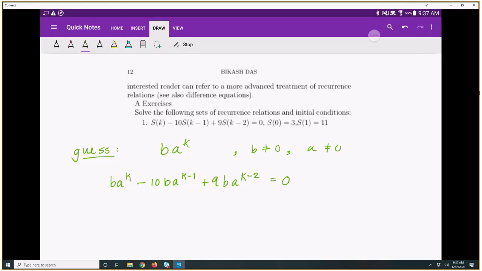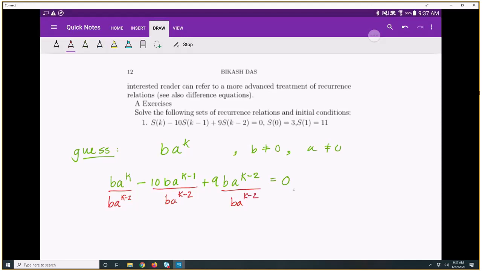And then because I know that b times a to the power k is not 0, I can divide all the way through by as many powers of a. So I can divide by b times a to the power k minus 2, because that's the least number of powers of a I have in each place.